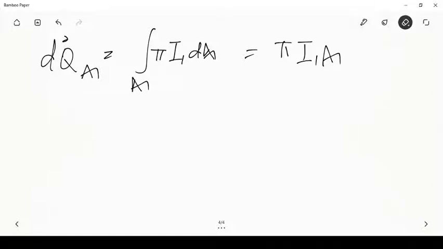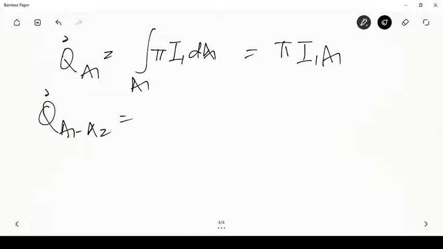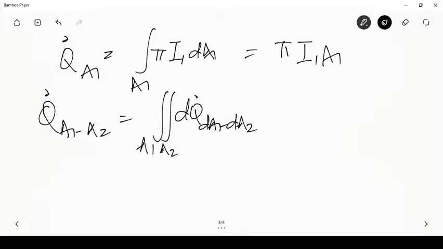I can remove this d here because it's not an elemental area anymore. So it's Q dot from A1, the energy emitted by A1 over the entire hemisphere around it. That is the energy emitted by Q1. And Q dot A1 to A2 is nothing but the double integral of dq dot dA1 to dA2 over areas A1 and A2.